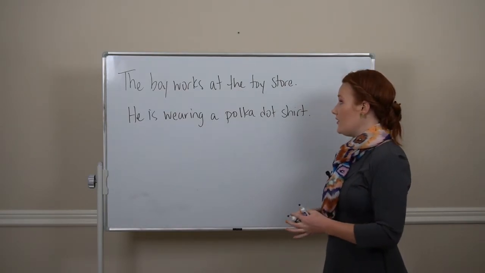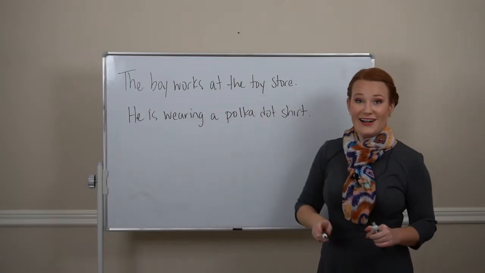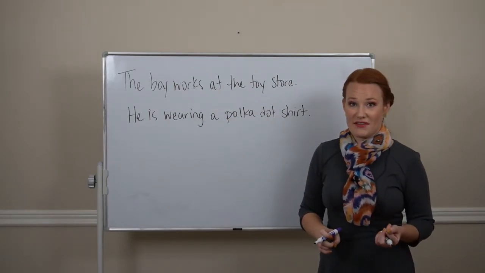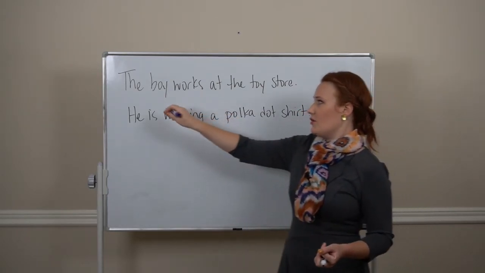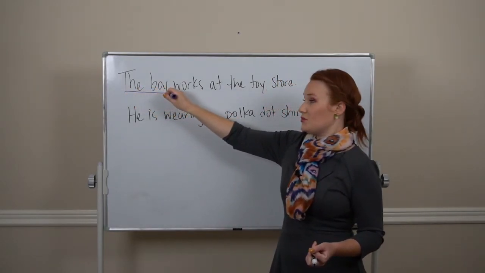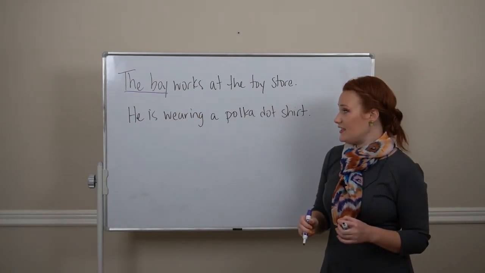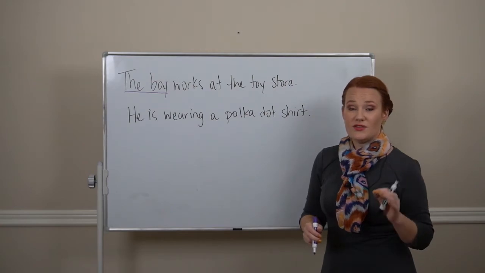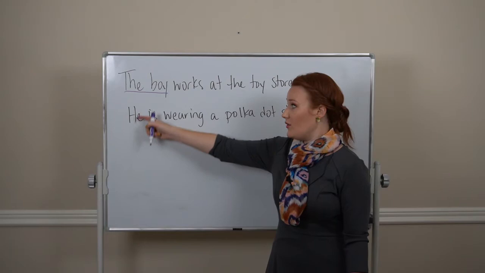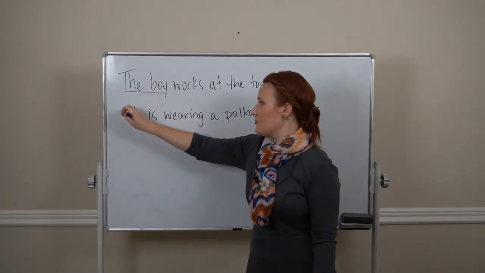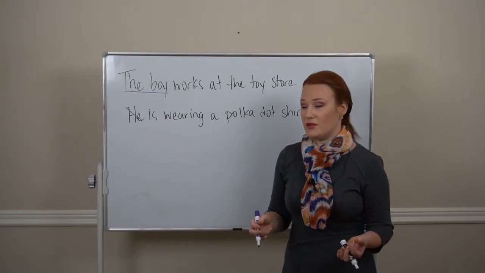All right, so the first thing you'll want to do is figure out which noun we are going to be describing with this relative clause. I have a sentence here about the boy, so the boy is what I'll be describing. Next, we are going to replace our subject, the one that's the same, with a relative pronoun.